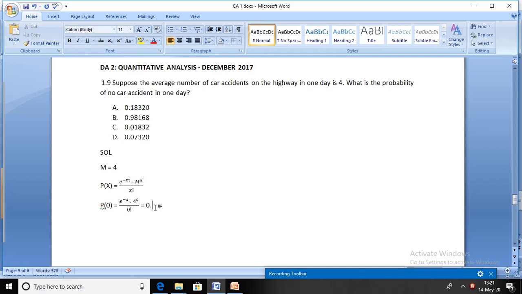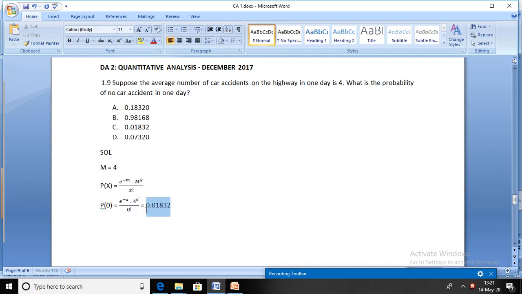You should have 0.01832, rounded off. So this is the exponential to the power negative 4 multiplied by 4 to the power 0, which is 1, multiplied by 1, it will be the same value, divided by 0 factorial, which is also 1, it will be the same value.